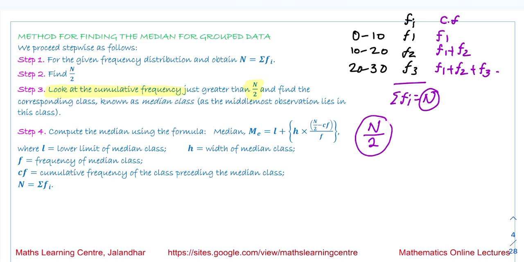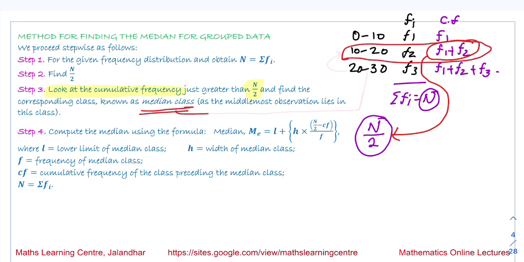We have calculated n by 2, and we have to find the class for which the cumulative frequency is just greater than n by 2. Suppose it is this class, then this class is called the median class, and the middlemost value will lie in this class.